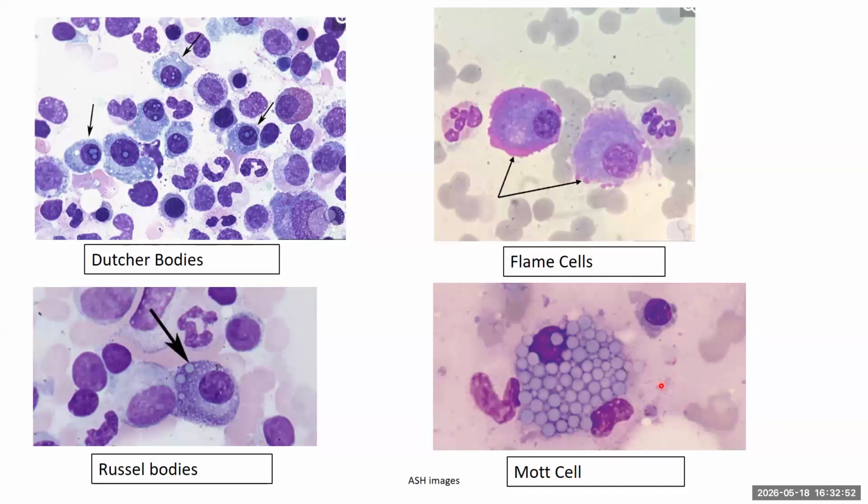We can have Mott cells, which essentially are plasma cells that have become overloaded with retained immunoglobulin. And because this protein cannot be secreted efficiently, it accumulates inside the rough endoplasmic reticulum, creating these multiple round inclusions known as Russell bodies. And over here, you can see Russell bodies in isolation.